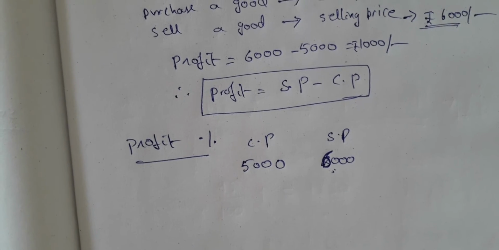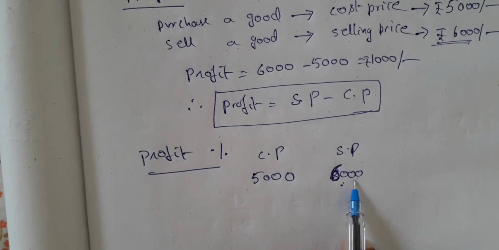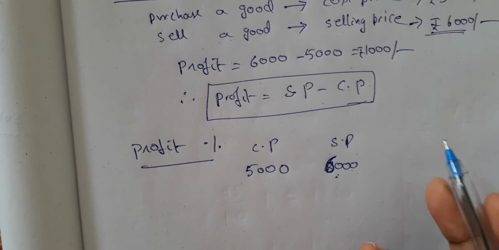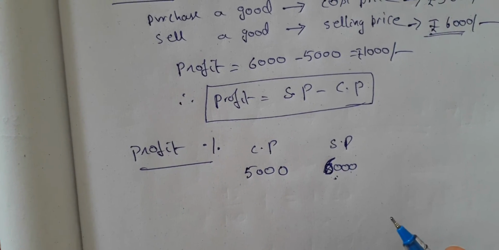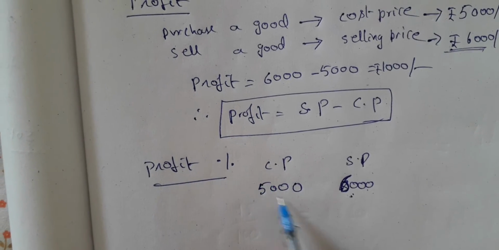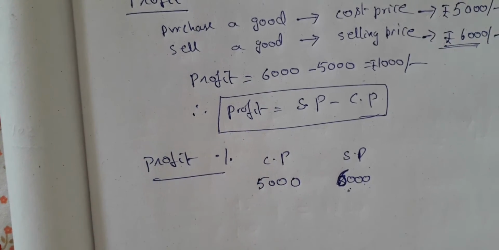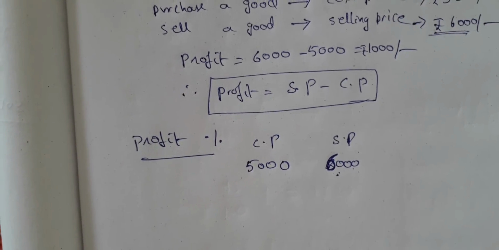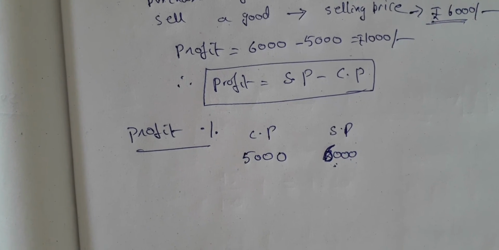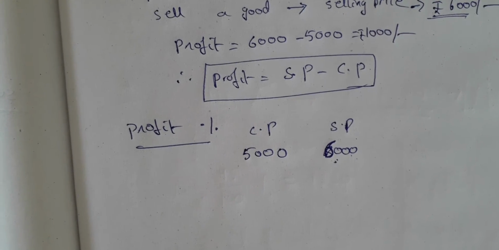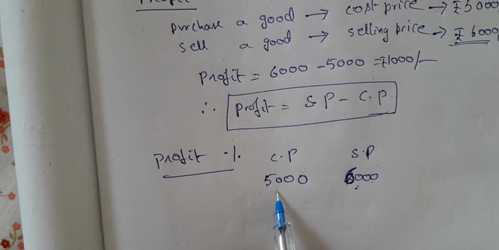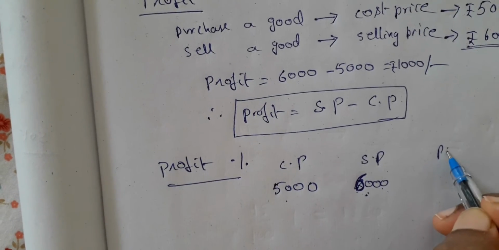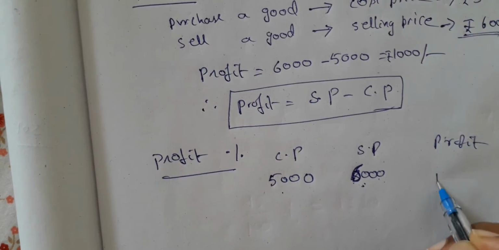Two methods again. The profit is equal to 1,000, and this is what we are going to get for 100, then how much is it? Always the comparison is made with respect to cost price. Selling price is 6,000, cost price is 5,000, and profit is 1,000.